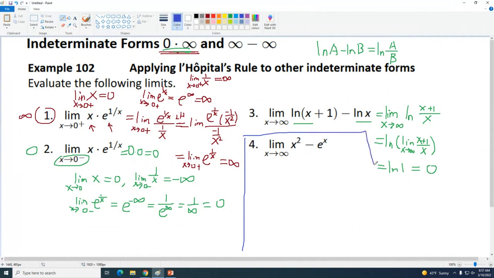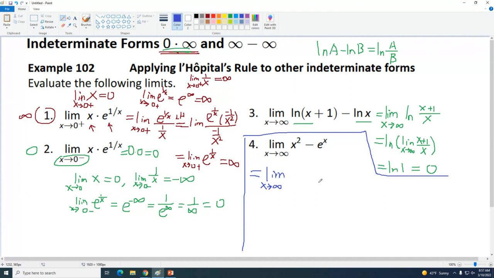Then it's the last question. I've been thinking about how to convert this into a division, and he said we can do a reciprocal. So here, how do we convert this to a reciprocal? x is going to infinity. In my head, I would think about how large the quantity is. x squared is a polynomial. e to the x is an exponential function.